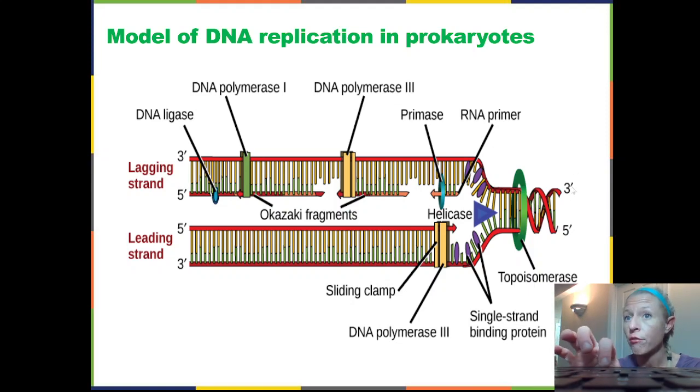And when we're on the 3' to 5' strand, we call that the lagging strand because it lags behind the other strand, because it has to synthesize in chunks instead of continuously. Then we have DNA polymerase I coming in and replacing your RNA primers with DNA, and then DNA ligase gluing together your Okazaki fragments. And up here, your topoisomerase is preventing the overwinding of your DNA.